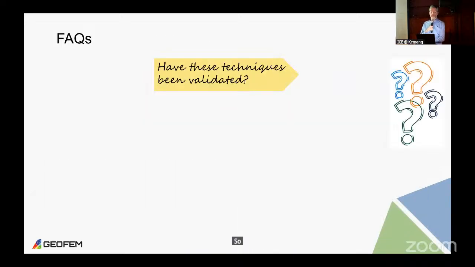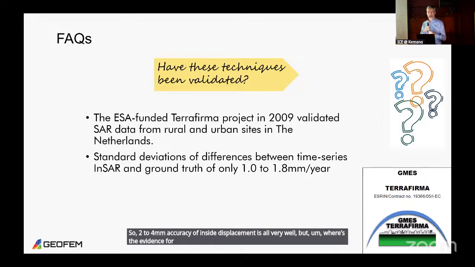So a commonly asked question is, have these techniques been validated? So 2 to 4 millimeter accuracy of InSAR displacement is all very well, but where's the evidence for the accuracy?